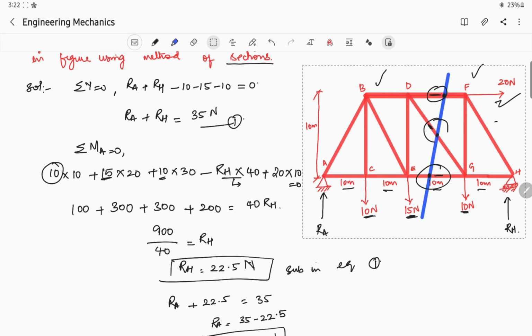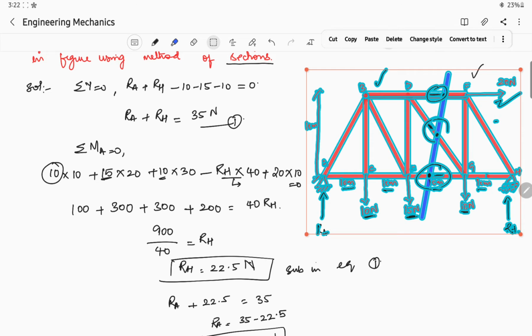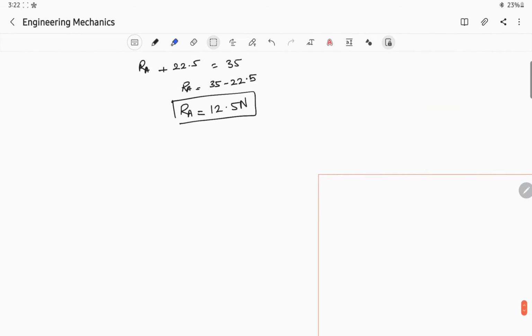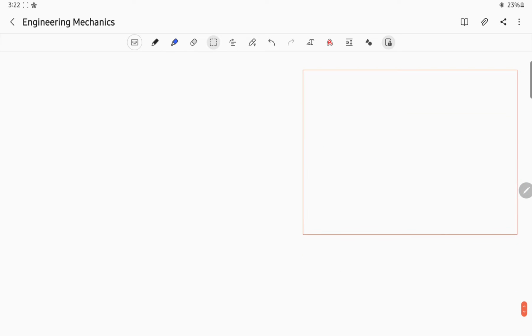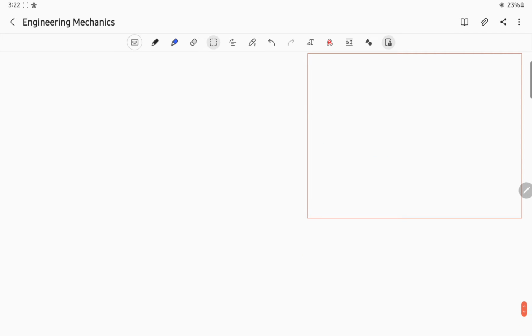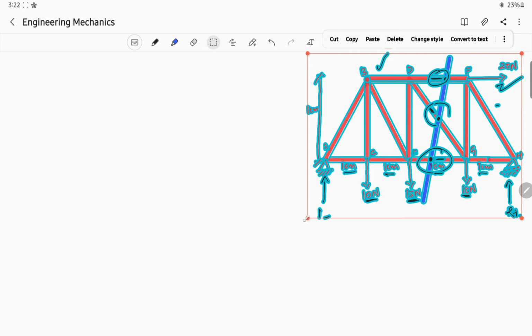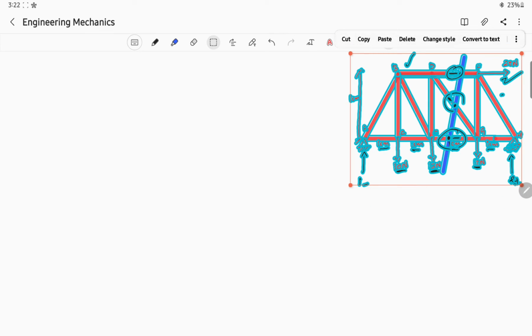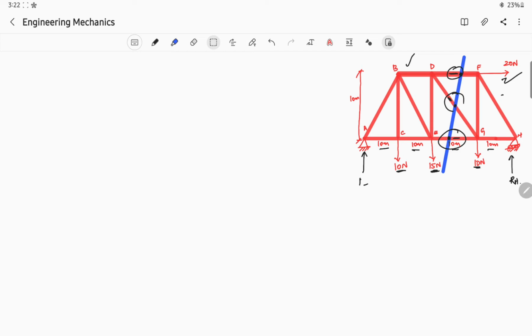We'll take this figure downward so that it will be easy for us to draw our frame here. I will draw this part of the section.